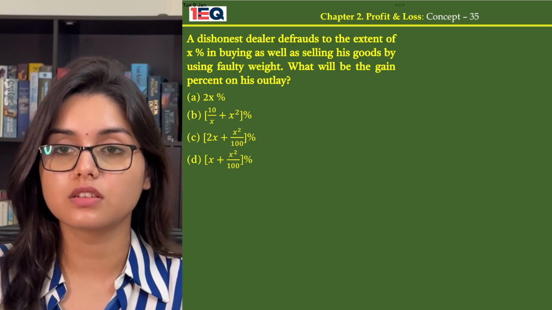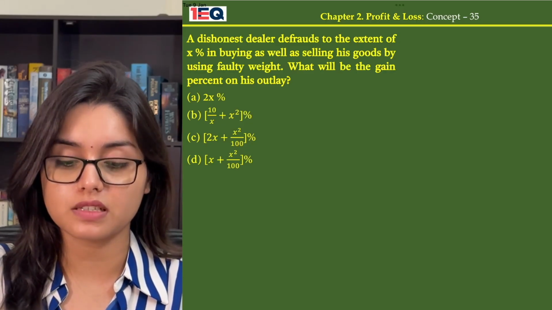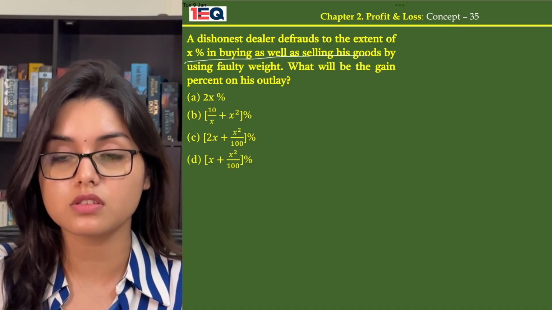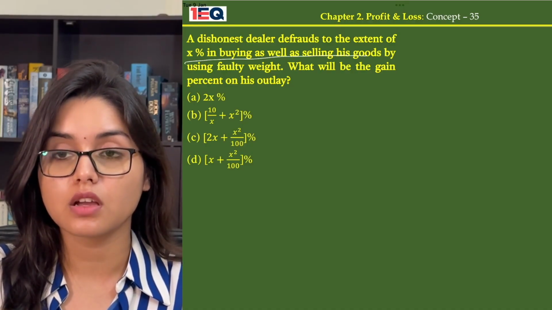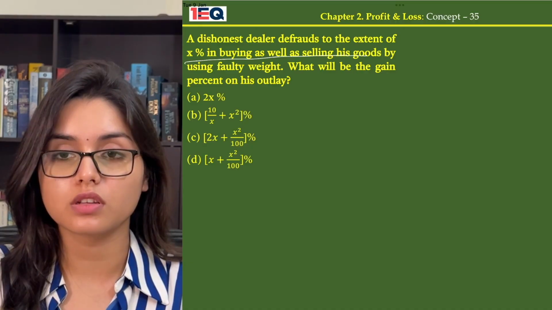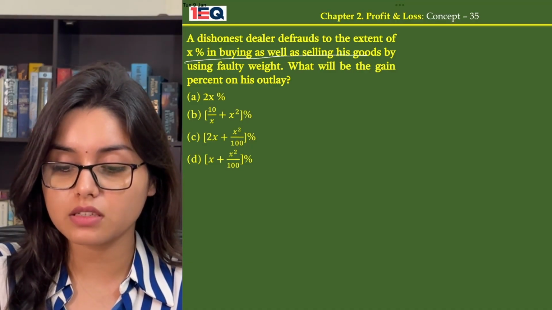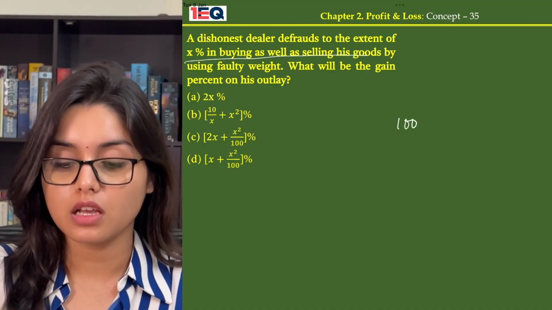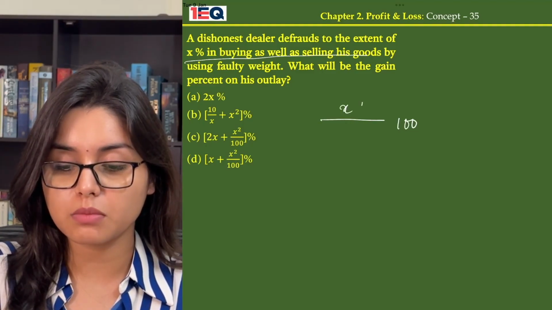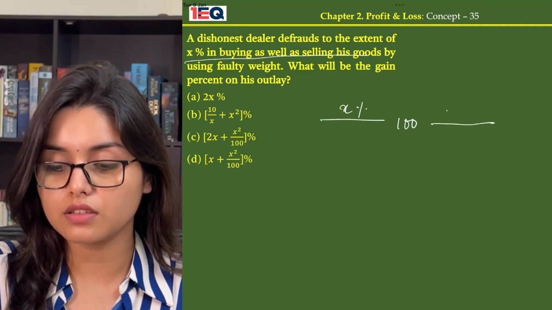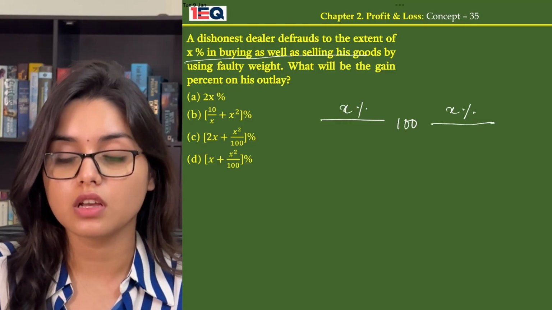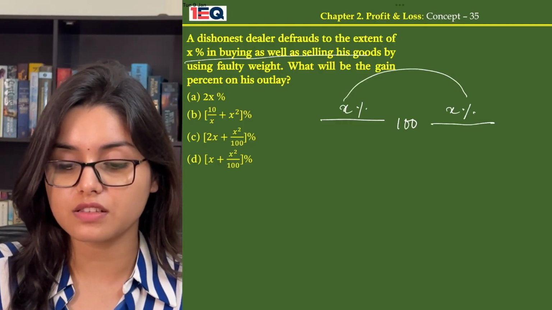A dishonest dealer defrauds to the extent of X% in buying as well as selling his goods by using faulty weight. What will be the gain percent on his outlay? So if he paid 100 rupees for a good, he earned X% in buying and another X% when he sold it. So this becomes successive.